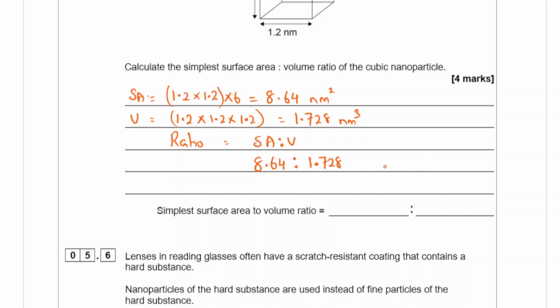So if I divide 8.64 by 1.728, that should give you about 5. So that's 5 is to 1. I've rounded this off to 5.